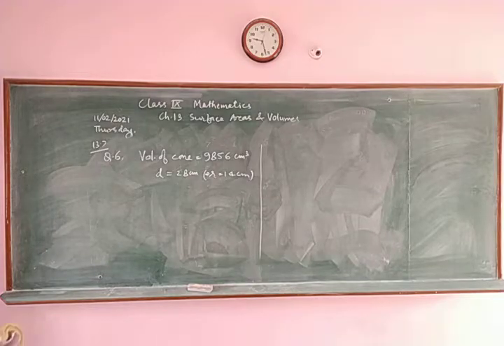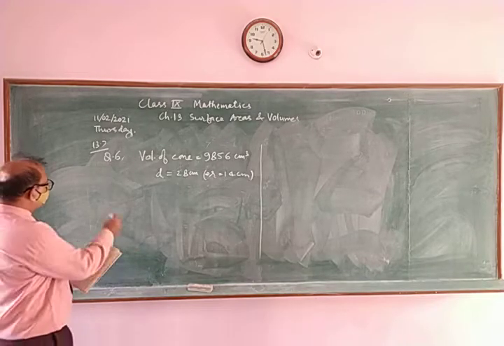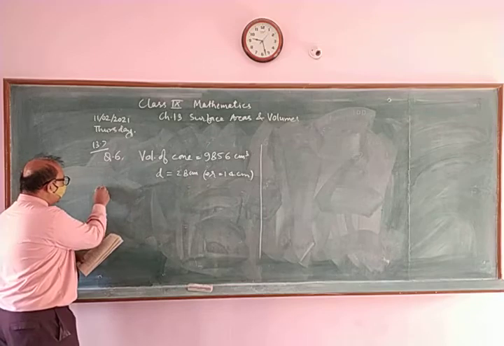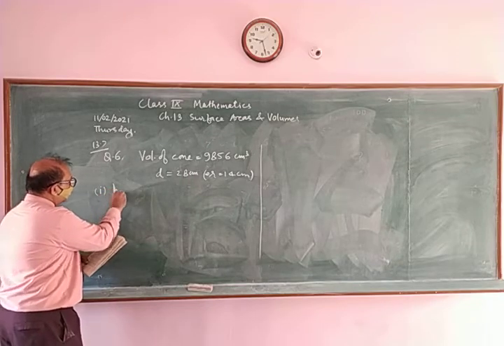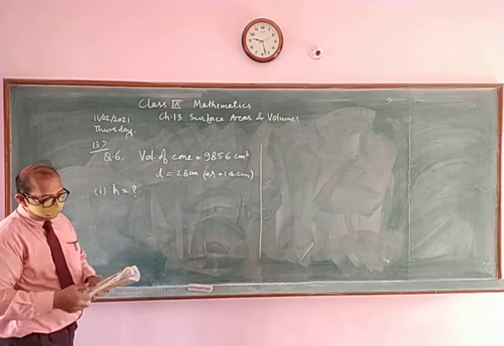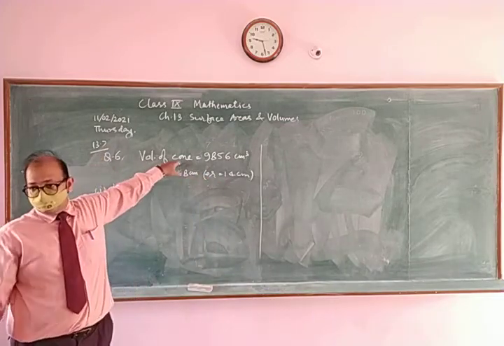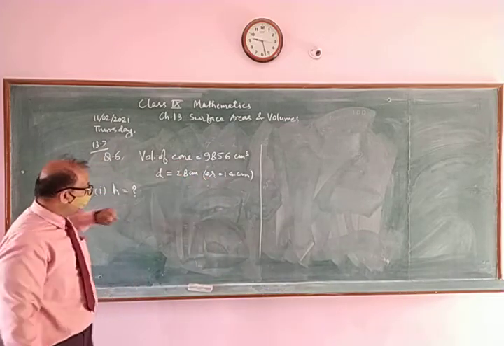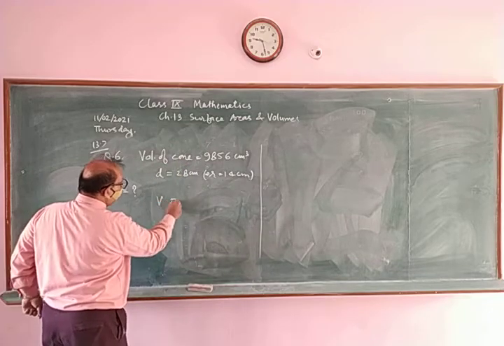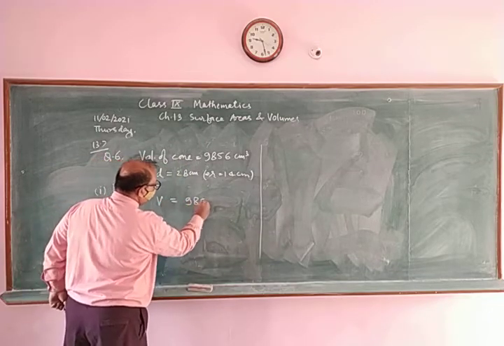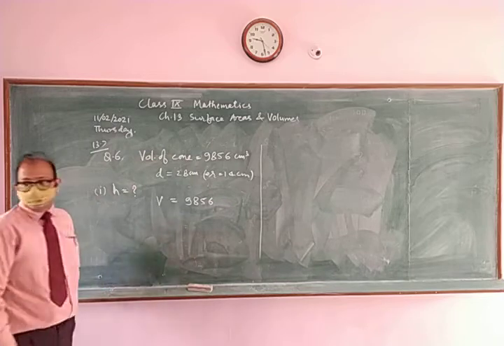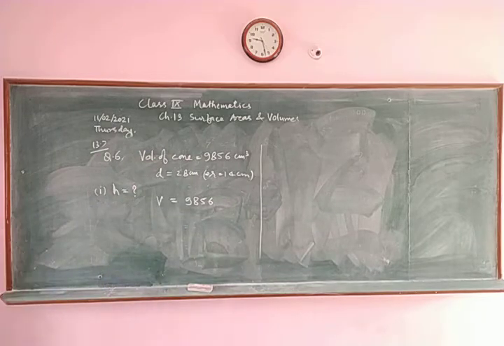So number 1, to find height of cone, we have to find height. So we will begin with the volume. Now volume is equal to 9,856. Clear?